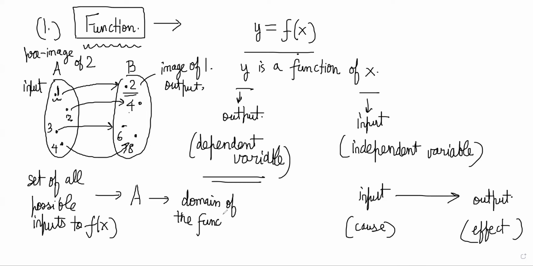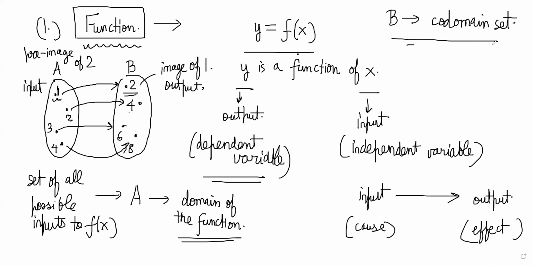The set of inputs is known as the domain of the function. The B set is known as the codomain of the function. The B set is known as the codomain set, and it is the set of possible outputs, right?